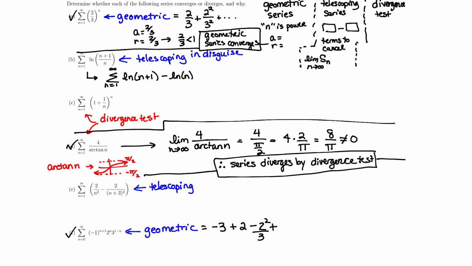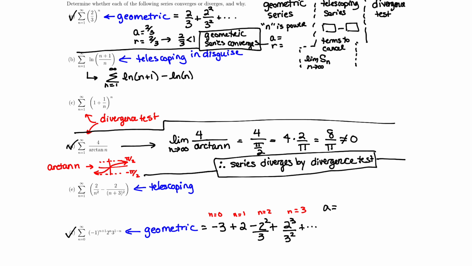And then the next guy would be plus. This is when n is 0, this is when n is 1, this is when n is 2, this is when n is 3. When n is 3, I have negative 1 to the 4 times 2 to the 3rd over 3 to the 2. So I can see what my a is.